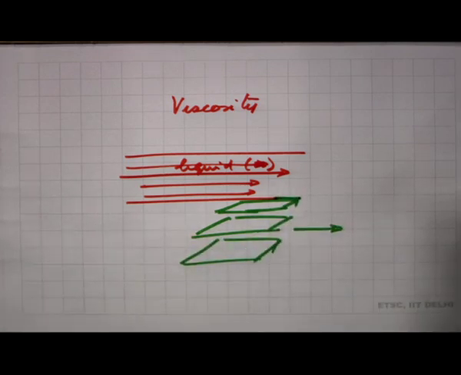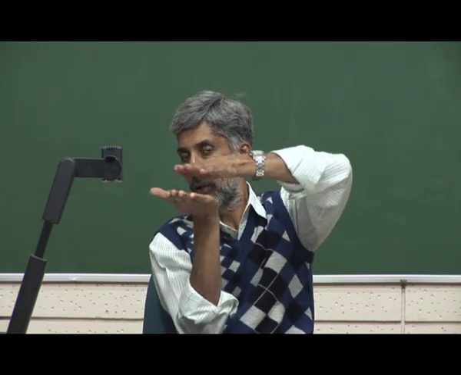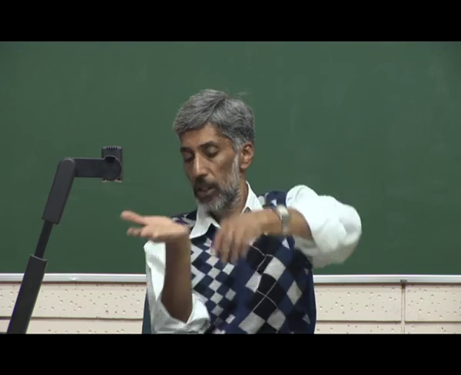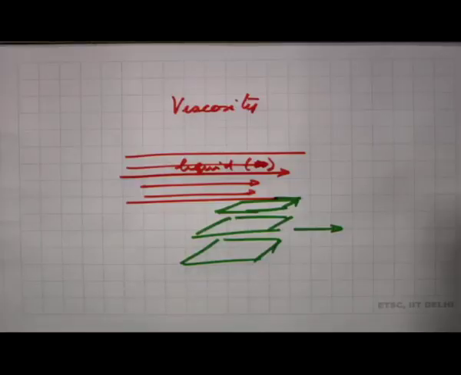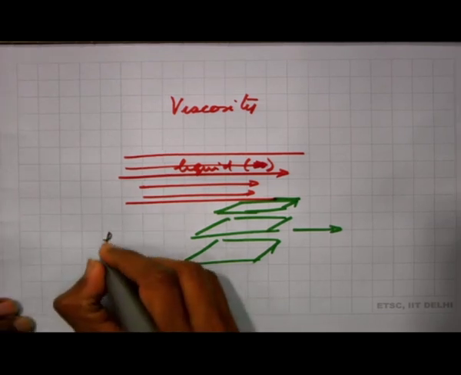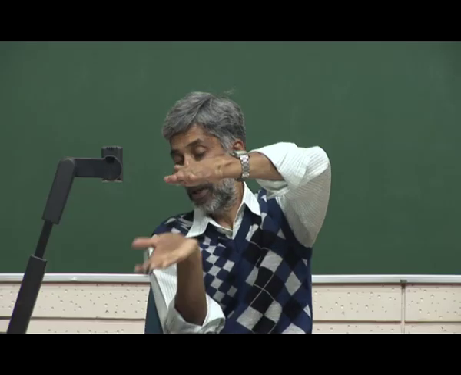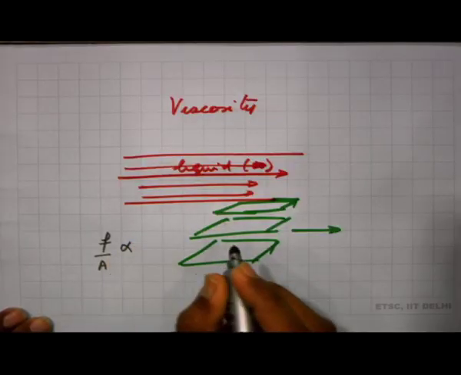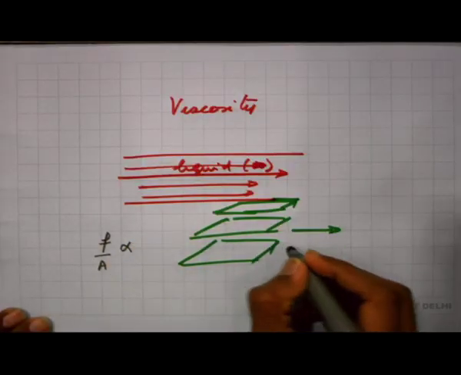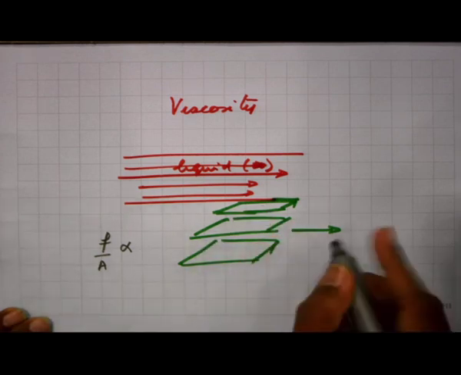When molecules in a plane move against each other, if you have to maintain constant velocity, the flow has to be constant. The force per unit area that these planes encounter will be related to the gradient in the velocity in the direction perpendicular to the flow.